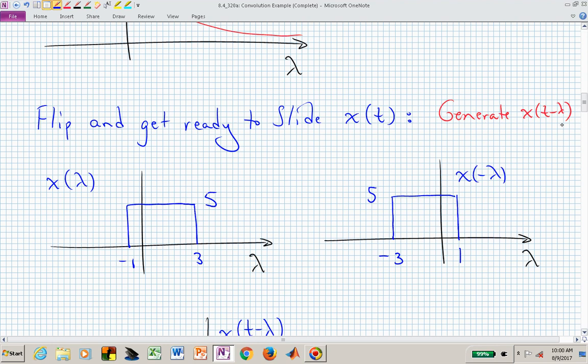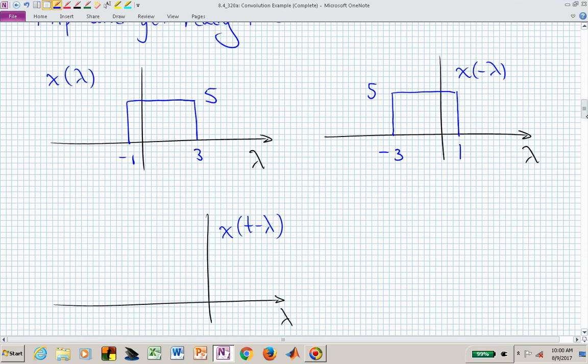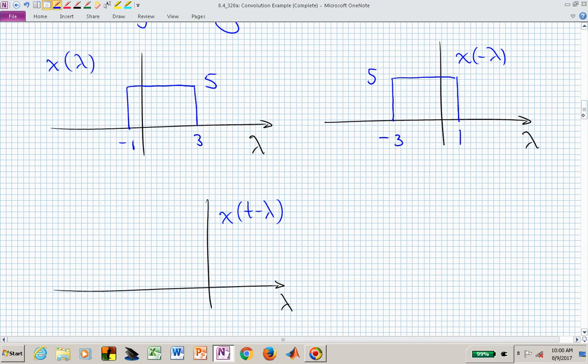Now we want x of t minus lambda, and t is an adjustable parameter, and we are going to allow it to slide from minus infinity all the way up to plus infinity. So let's start with t being very small in a negative sense, and let's just now put in our x of t minus lambda.